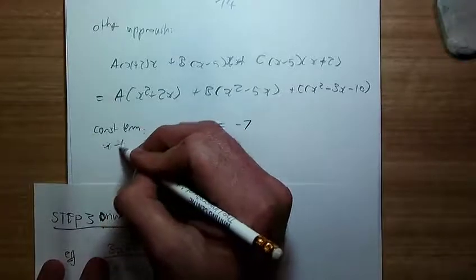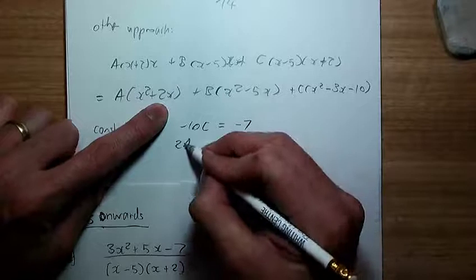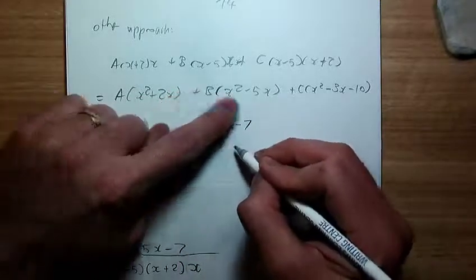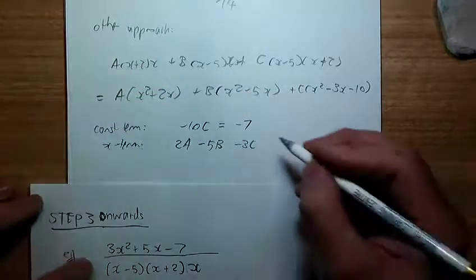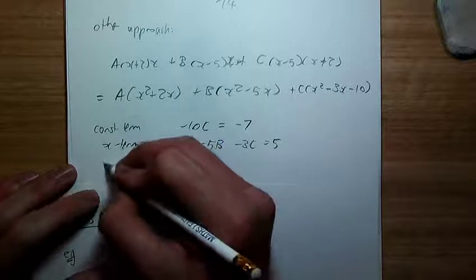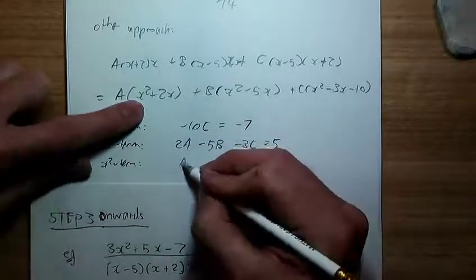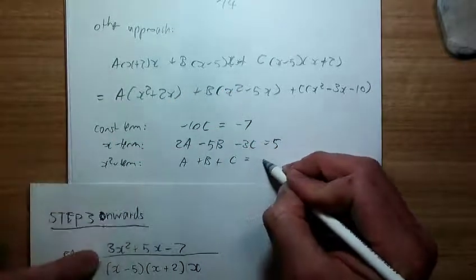The x term, we've got 2a, a times 2 here, we've got minus 5 times b here, and minus 3 times c here, which is supposed to come out to 5, and the x squared term, which is a plus b plus c, which is supposed to come out to 3.